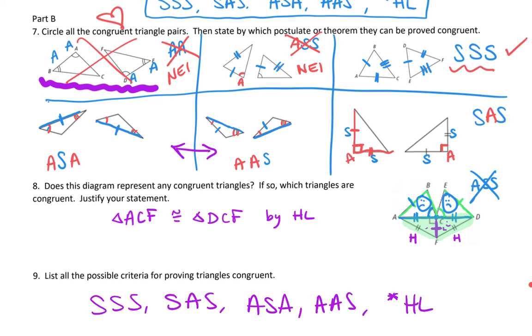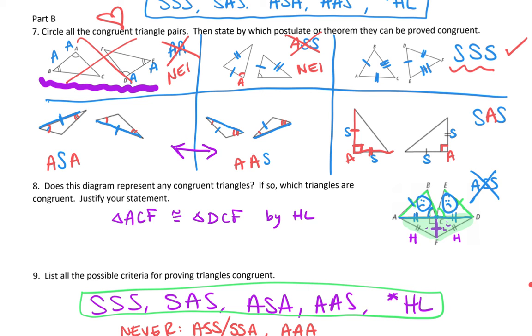All right? It's never ASS or SSA, and it's never AAA. You also can't have like AA or just SS or just SA. Those don't work either. So here's the good ones. It's only 5. Not bad.